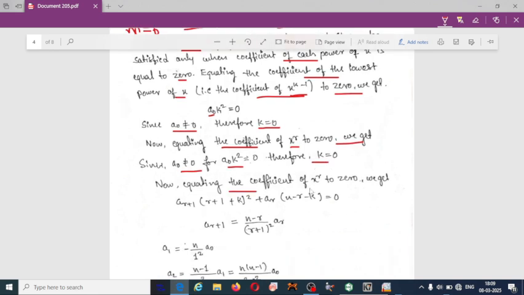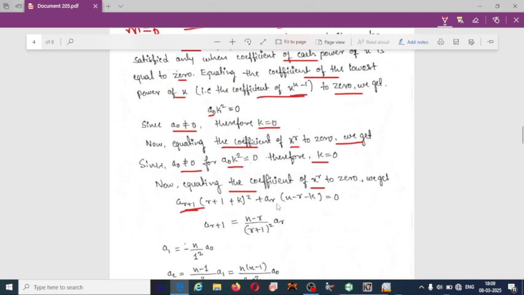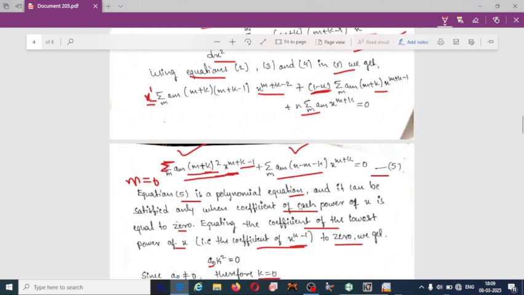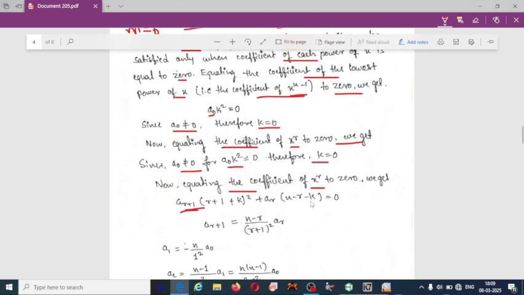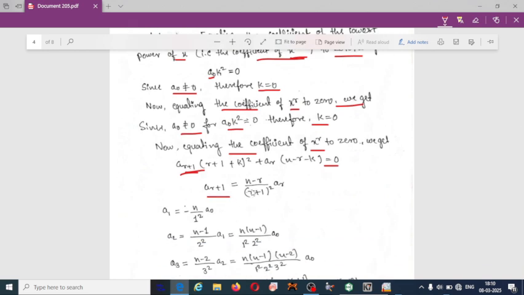Now equating the coefficient of x to the power r to 0, we get a r plus 1, a naught we have taken, the x to the power r coefficient, if you equate, you will get a r plus 1 into r plus 1 plus k square from this term, plus a r, the second term, where m equal to r, you can take a r into n minus r minus k, equal to 0. Then a r plus 1 equals n minus r divided by r plus 1 square into a r.